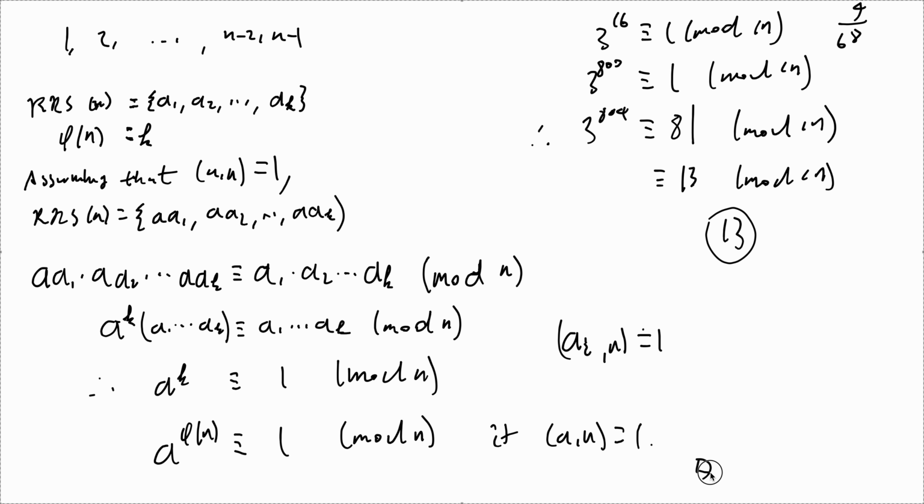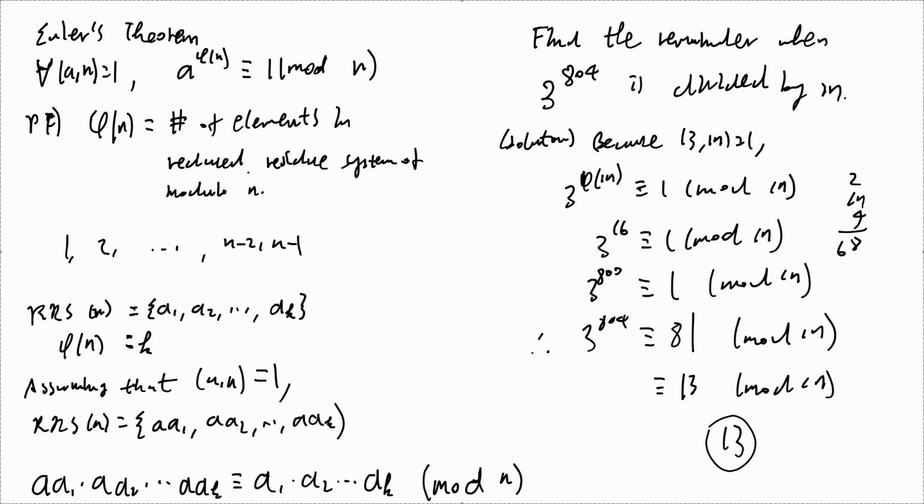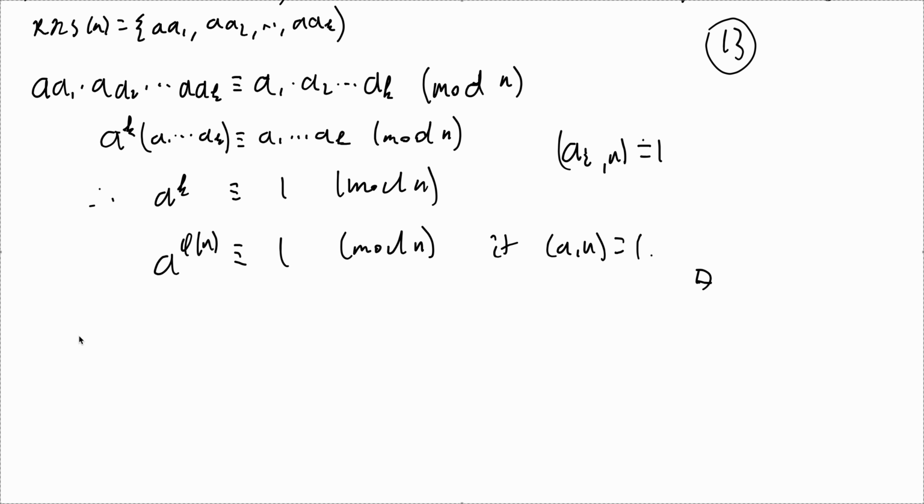Now there's actually one more good theorem that is a direct consequence of Euler's theorem. Euler's theorem states that if these two numbers are coprime to each other, then a to the power of phi of n is congruent to 1 mod n.